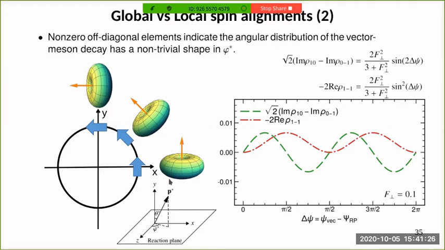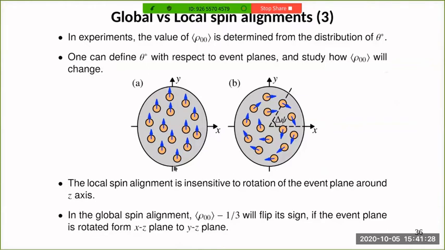And the third difference between global and local spin alignment is that one can study how the rho 0,0 average value changes with different choices of event plane, because in experiments, rho 0,0 is determined from the distribution of theta star, and one can define theta star with respect to different event planes and study how rho 0,0 will change.